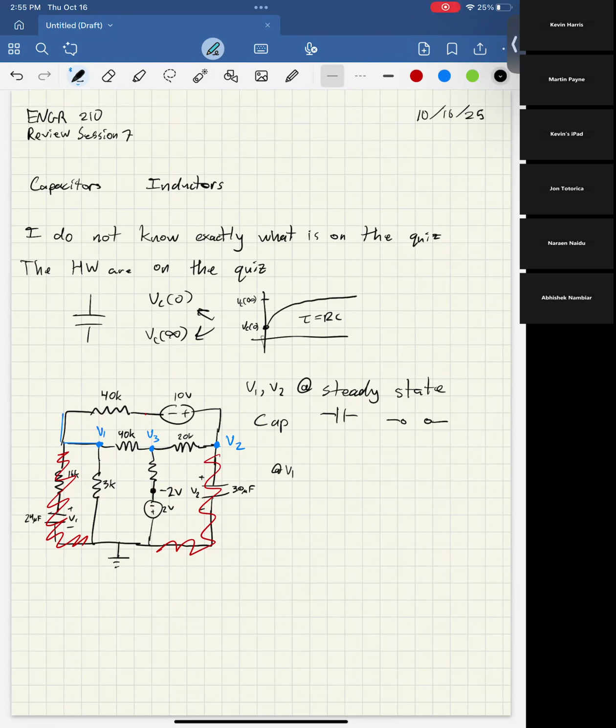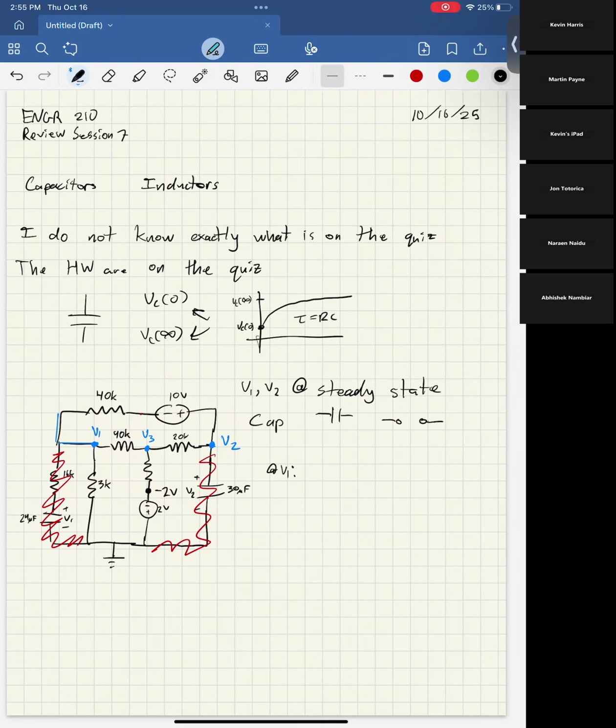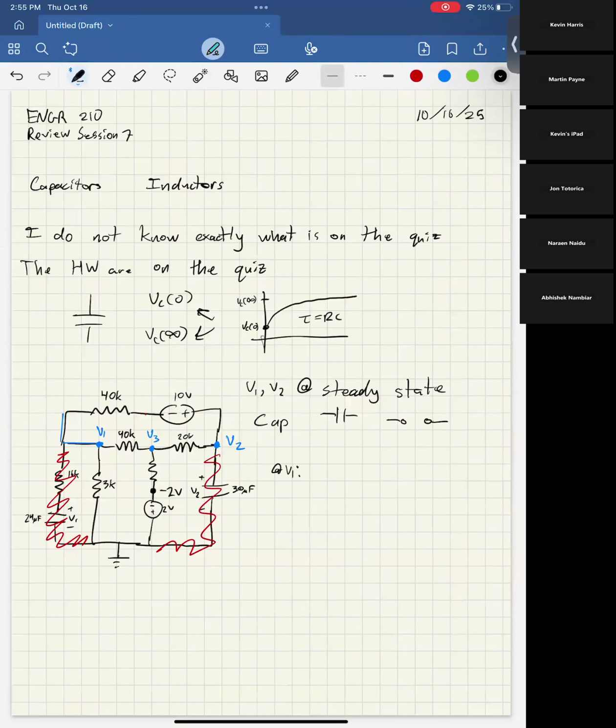So at V1, we're doing our normal node voltage equations. I'll start with going down. We have V1 minus 0 over 3K. To the right, we have V1 minus V3 over 40K.